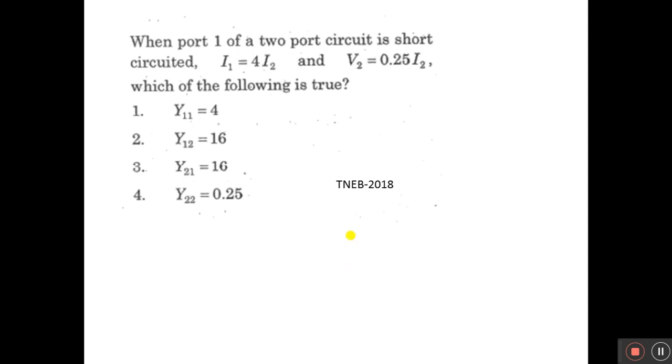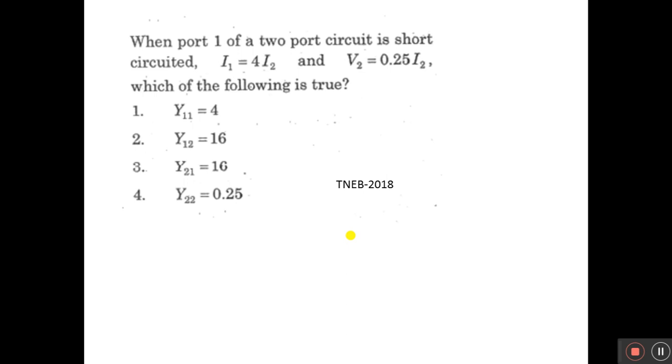Next one, again the same exam. 2018 TNEB. When port 1 of a 2-port circuit is short circuited, I1 equals 4 I2 and V2 equals 0.25 I2, which of the following is true? The options given are all based on Y parameters.